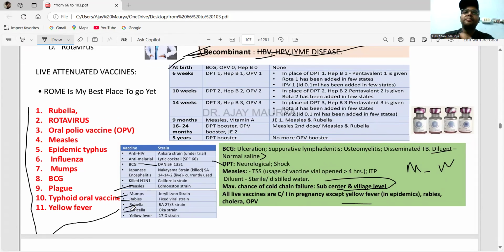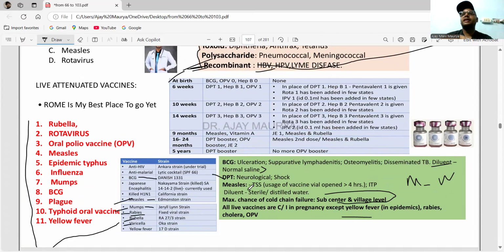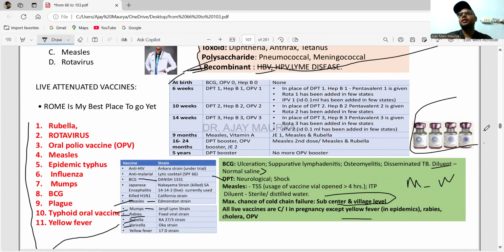Measles is very important. Mumps: Jeryl Lynn strain. Rubella: RA 27/3 strain, starting with R, ending with A. Remember this one. I will explain this in the upcoming videos.